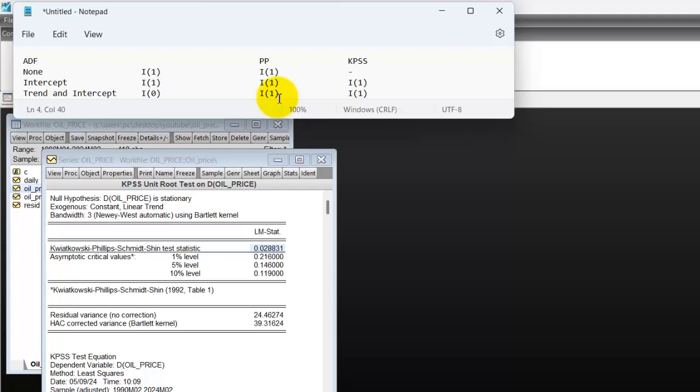You just stop there and make use of the other unit root test techniques. So with these results, we have come to the end of this video, and I believe I've been able to show you how to make use of three different techniques to check for stationarity in EViews. This is oil price.